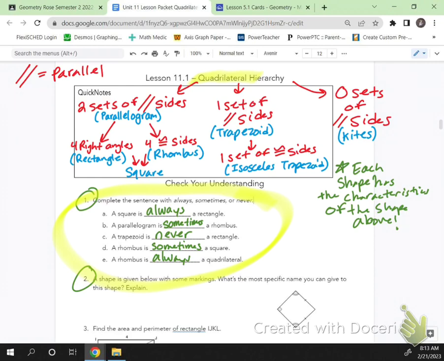What else could we... Ideas? Is it a kite? It could be a kite. Good job, Lauren. A kite.